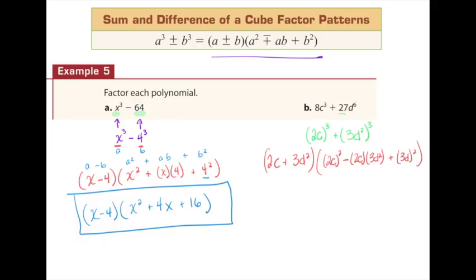All I did was fill in that formula for the factoring. And then, of course, I do want to simplify this. The first group is as simple as it gets, so that's going to stay 2c plus 3d.